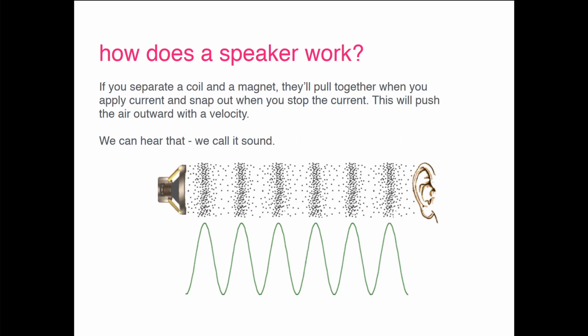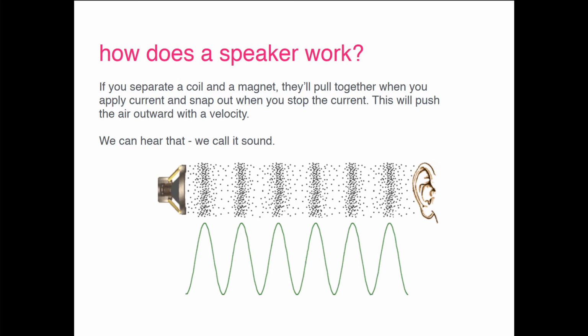Speakers are very, very similar. The copper coil in this case is wrapped around the magnet, and when the coil's induced, let me repeat that. The copper coil is wrapped, separated from the magnet on the cone of the speaker here, and when the copper coil gets a charge around it, it induces a magnetic field, snapping it to the magnet.